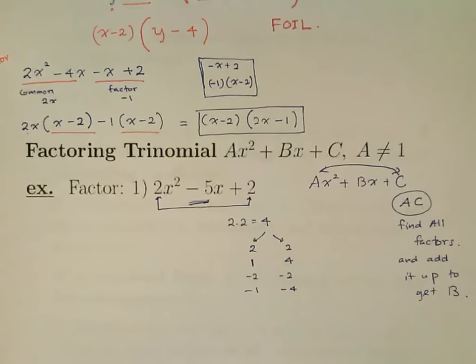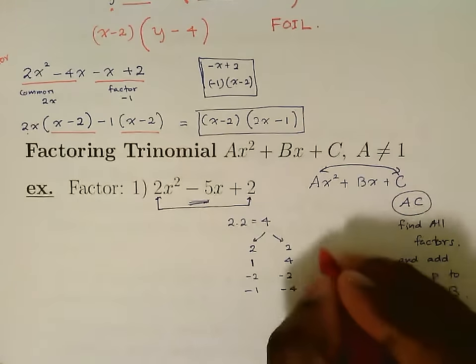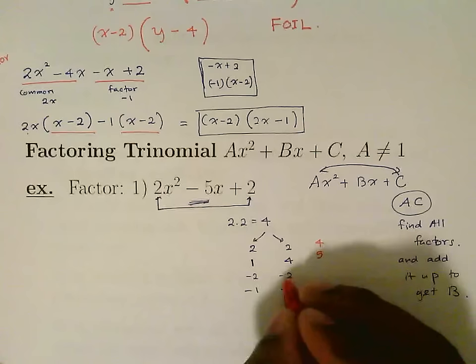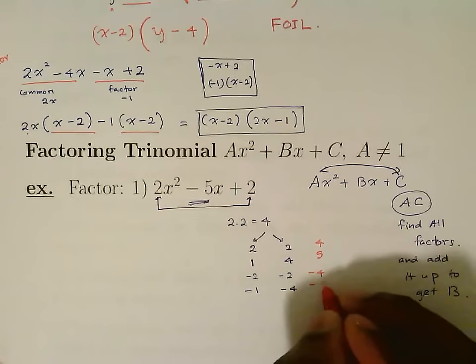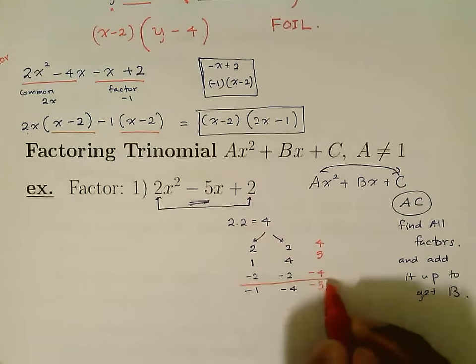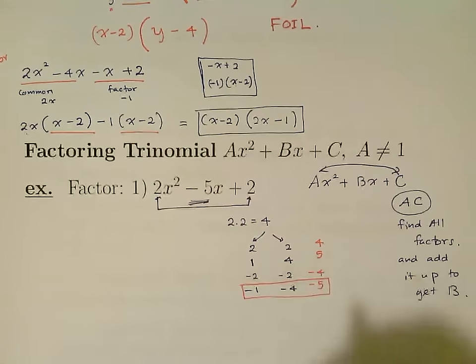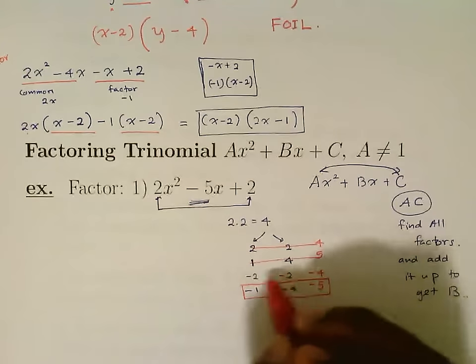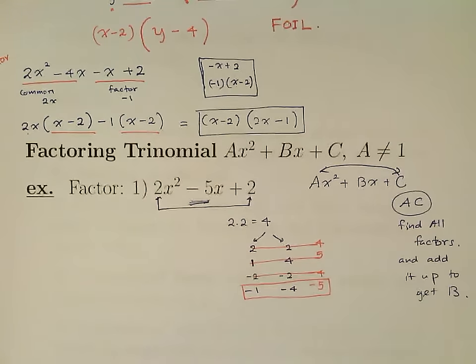Okay, so let's add it up. Okay, 4, 5, -4, -5. And what gives you -5 is this set of factors. So this doesn't work. The only one that works is that.